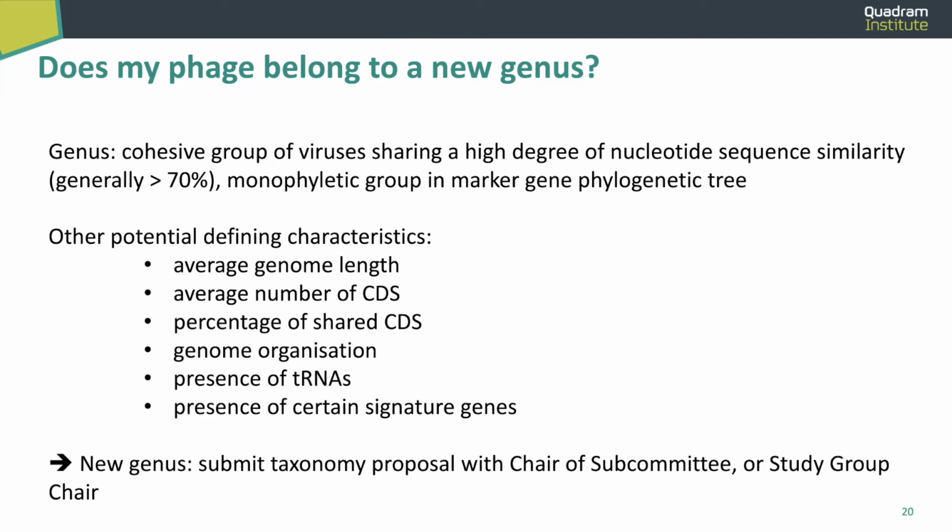Other potential defining characteristics are your average genome length, number of coding sequences, your percentage of shared coding sequences, the genome organization, all these types of things. If you think you have the first representative of a new genus, contact us about this.